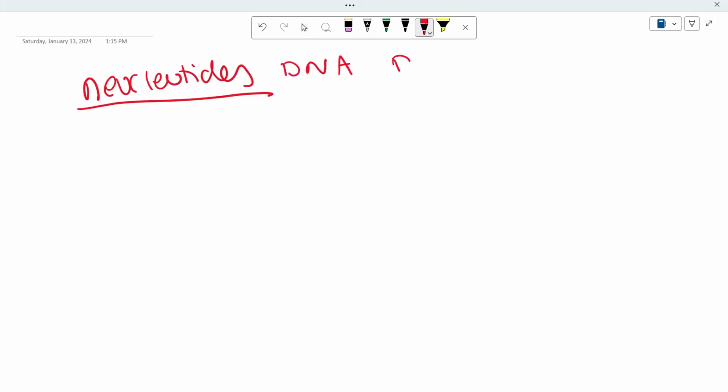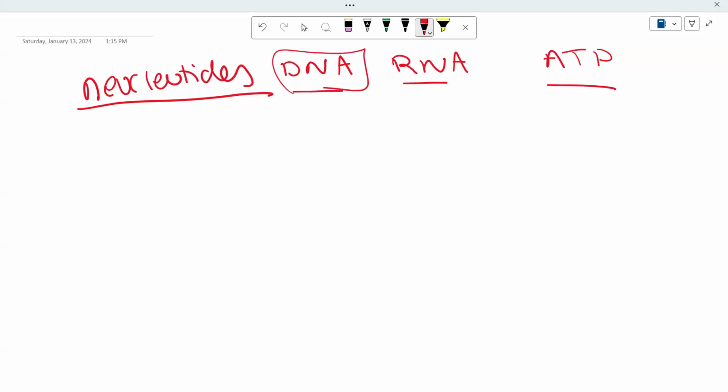This will be revision for everyone, and pay attention, Kenzie, because unfortunately you missed it. At school we studied the structure of the nucleotides. The nucleotides are the monomers that make up the DNA and the RNA and the ATP. We have to know the differences between the nucleotides that make up these large molecules.